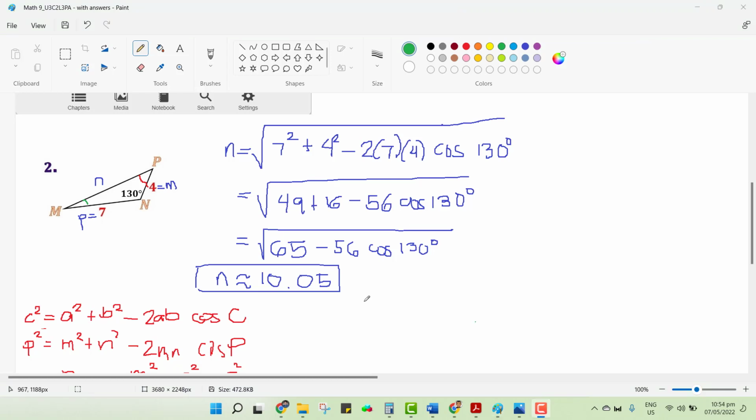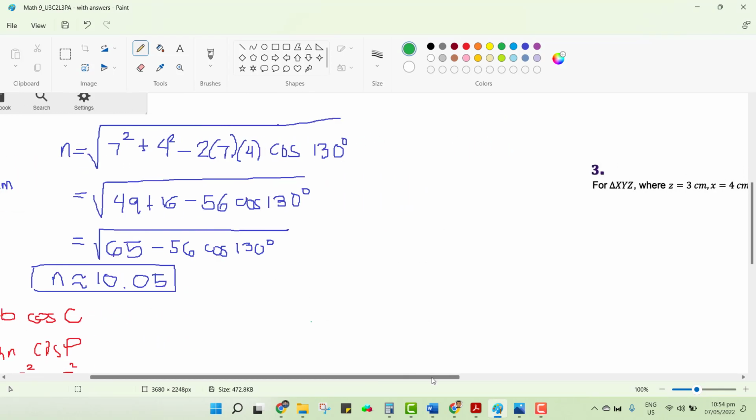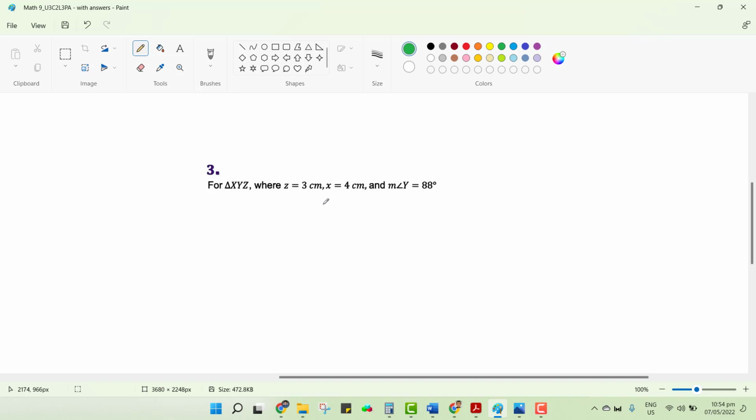And for the last item here, though it doesn't have any figure, we could always draw this one. So let us try to determine angle Y. Let us say angle Y is probably here. Since Z is shorter, this is where your vertex Z is.